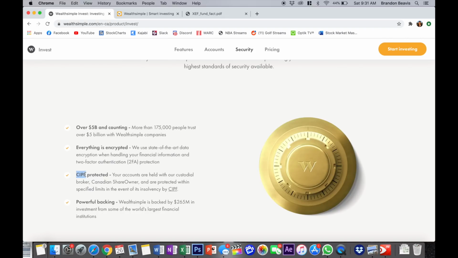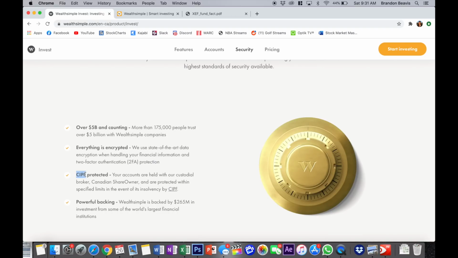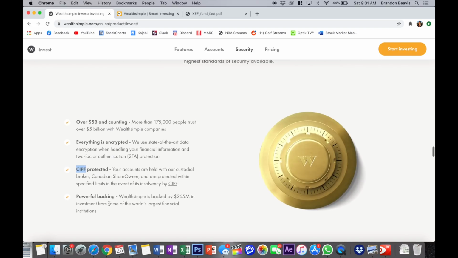I have to double check that, but you can easily look into the Canadian Investor Protection Fund if you'd like. They're also governed by IIROC. This is actually the governing body in the investing space, and any of the major brokers that you look for, any of the major ones that you use or that you will see around, they're almost always governed by this same body, which is just the oversight, making sure that they're doing everything properly.